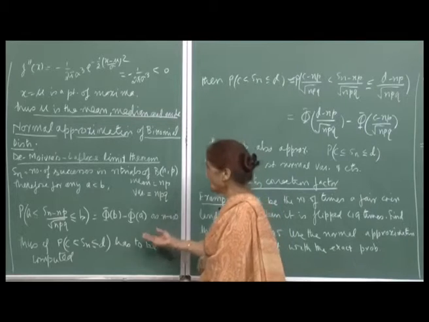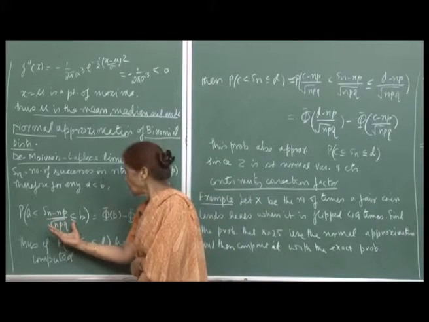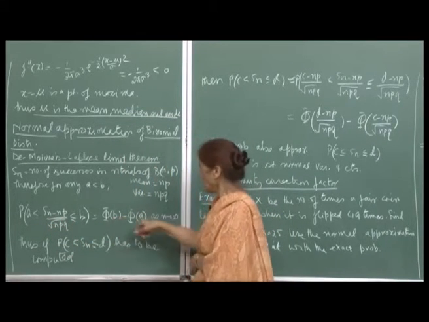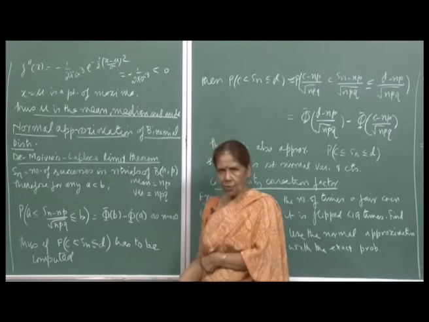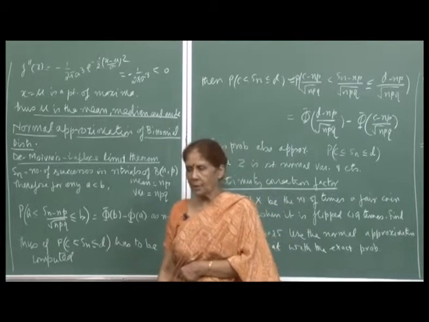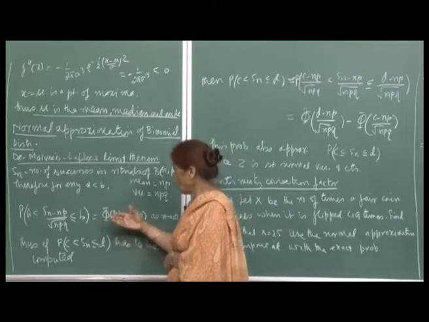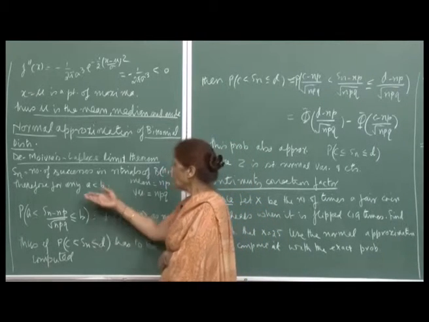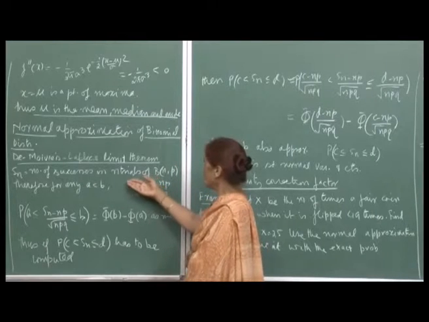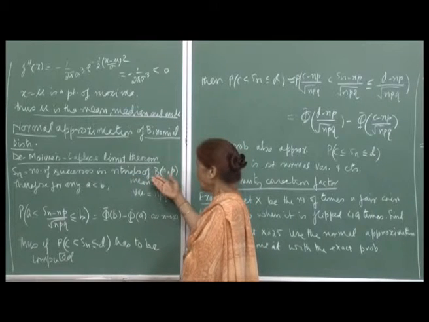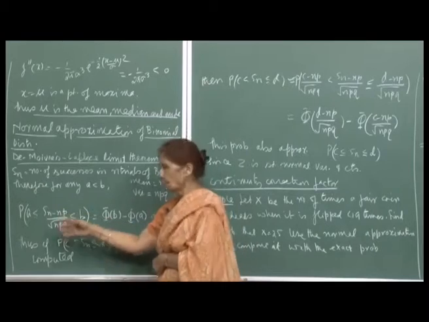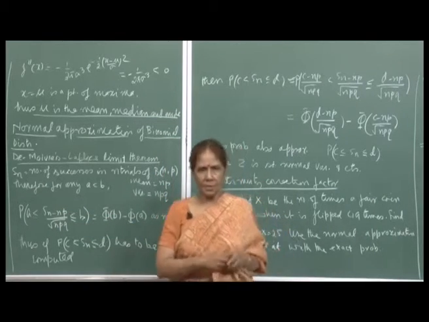That means for large n you can approximate this probability by phi b minus phi a, and later on we will show that you can talk about a more general result, where you do not really need to have the distribution as binomial, and for any distribution this kind of thing holds, which we call the central limit theorem.